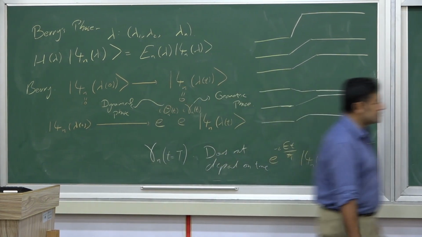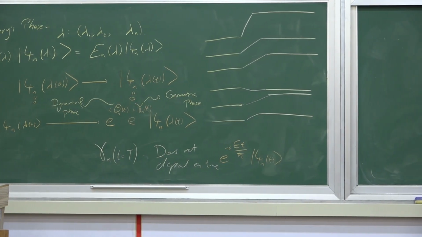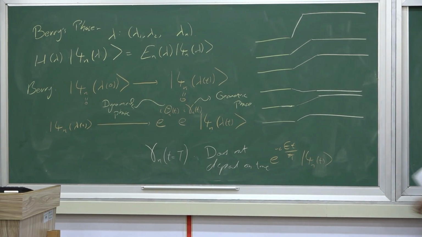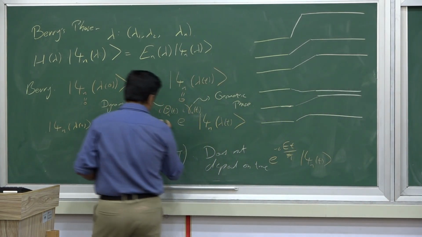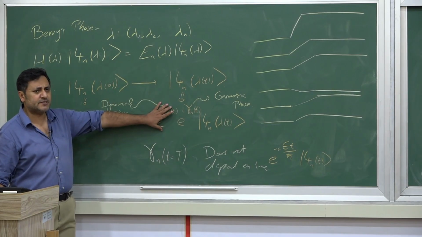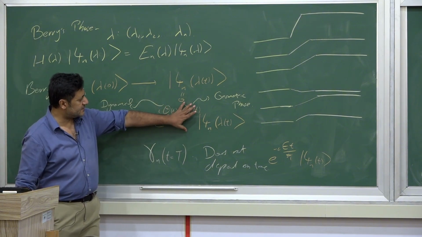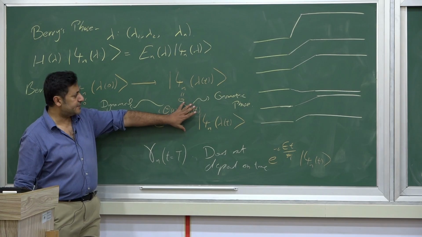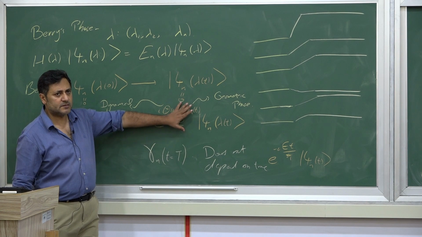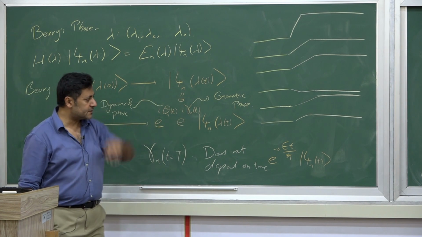It only depends on the curve which you have traversed in your parameter space. So in that sense, this is geometric. And you can think of situations where this phase is very much suppressed, it's not relevant, then this phase can be of great experimental significance, and this plays an important part in all the theory which we will discuss later on.